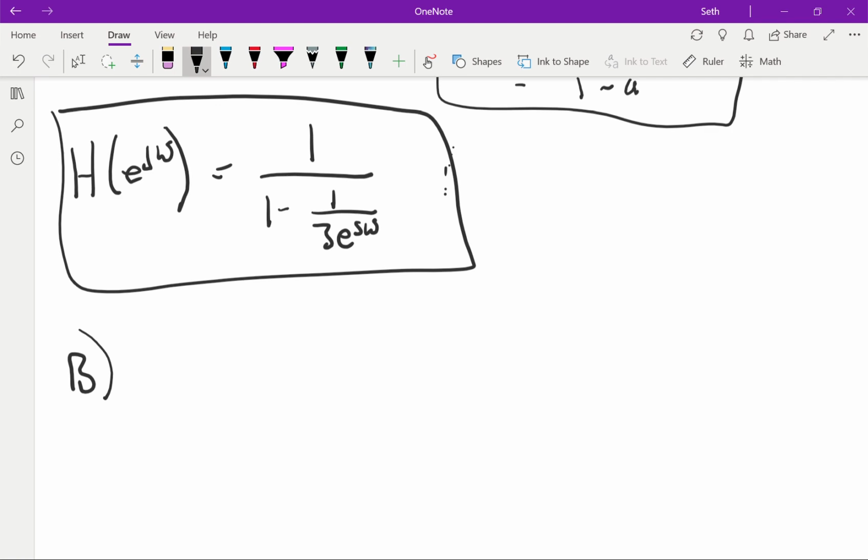So B asks us to find the Fourier coefficients.